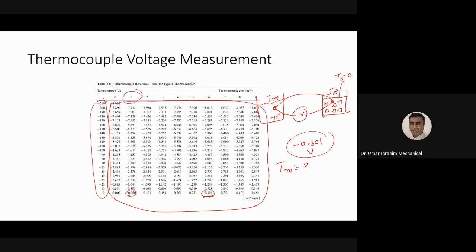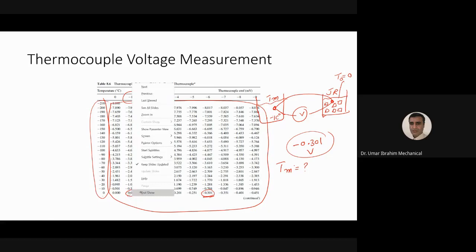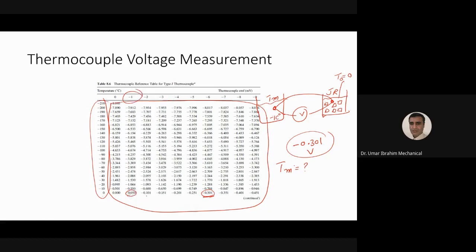This is minus 1. If this unknown temperature were minus 2, it would have been this value. If this temperature were minus 3, it would have been this value. If minus 4, it would have been this value of voltage. If this temperature is minus 5, this is minus 6.